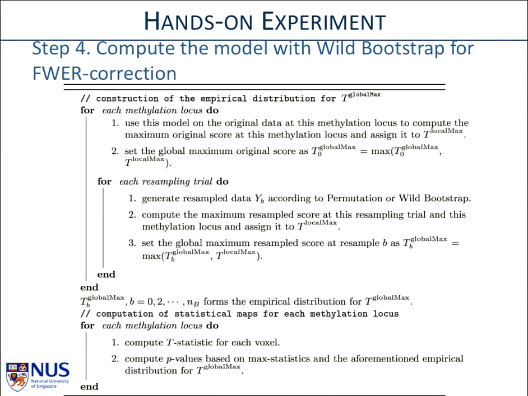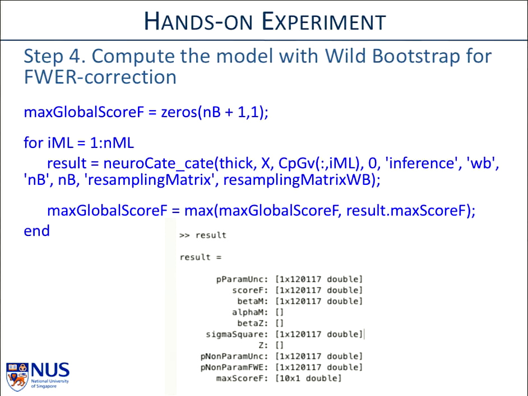Certainly, you have to do something afterwards, which is to correct for multiple comparisons. In terms of code, there's one single line that does all this two-loop computation for you. As long as you define your Y variables, your X variables, your CPG, the number of missing covariates you need, and the resampling matrices, you are ready to go.